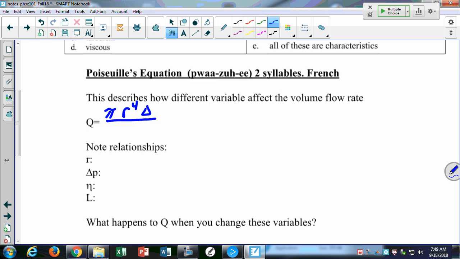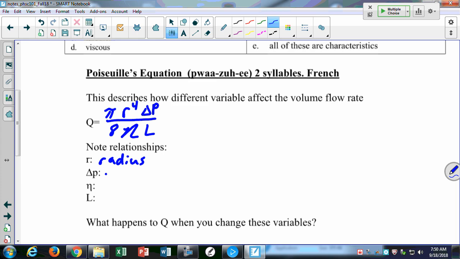Our change in pressure, as you know, anytime you have a fluid that has some viscosity, you need a difference in pressure in order to make it move, in order to continue it moving through the system, divided by 8, just a constant, eta, that's the Greek letter eta, and L. So R, as said, is the radius.